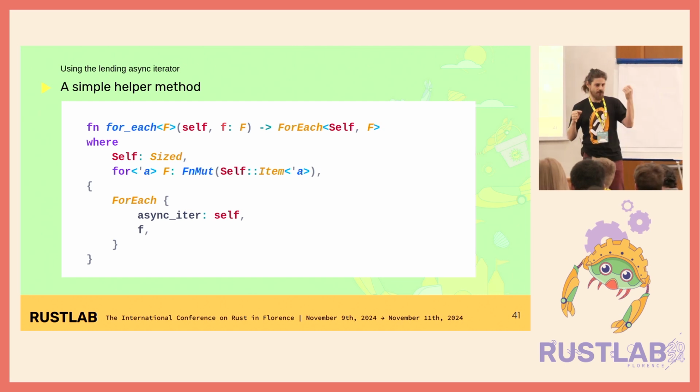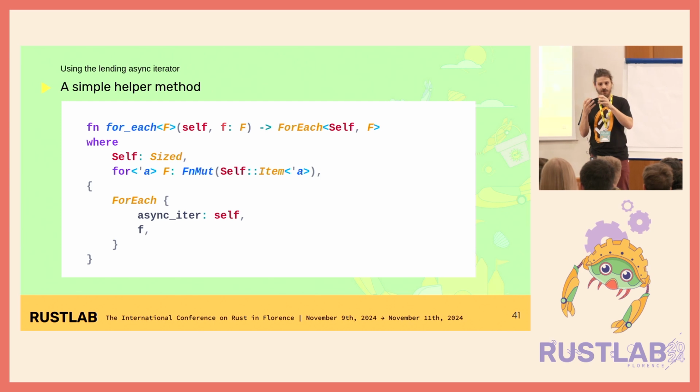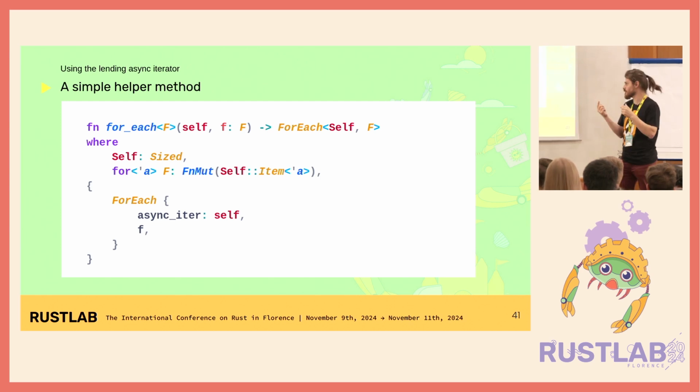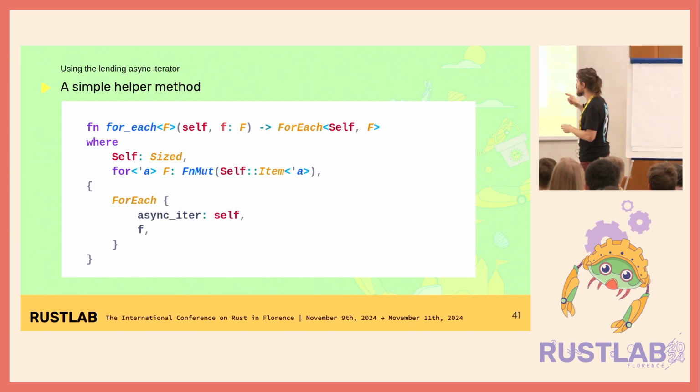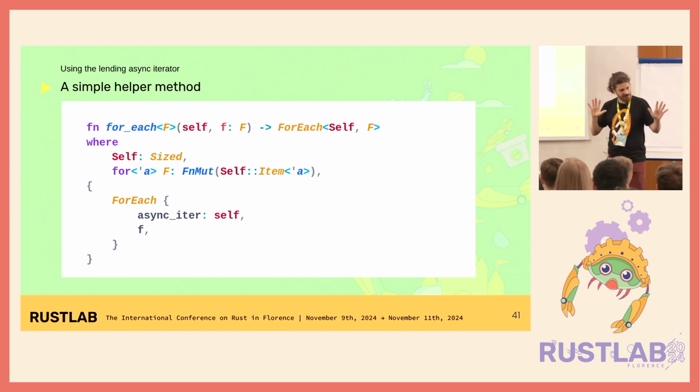When you do the poll next, you have the iterator, and what you get back is something with a lifetime, but you don't have a lifetime before, so this is a higher-rank trait bound. And we don't need to return anything, so it's pretty simple.